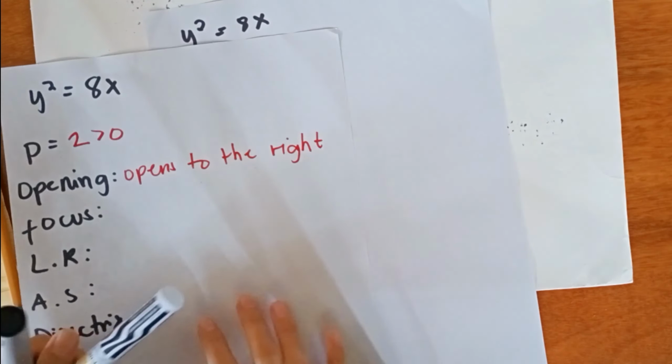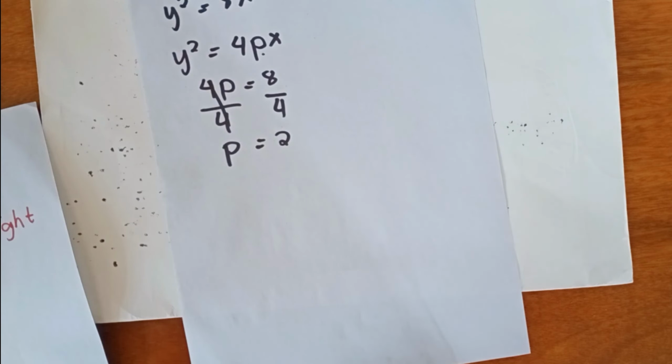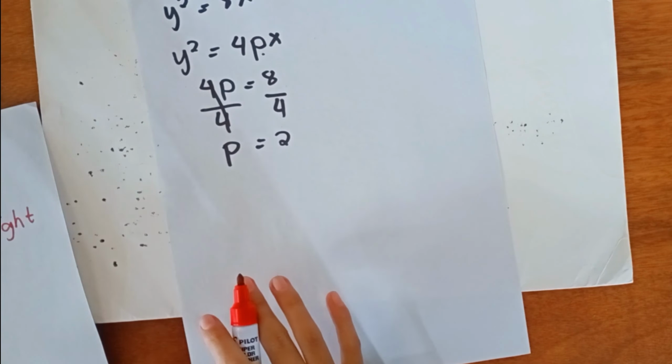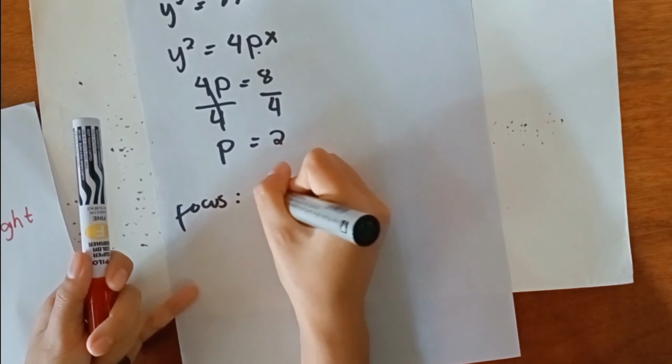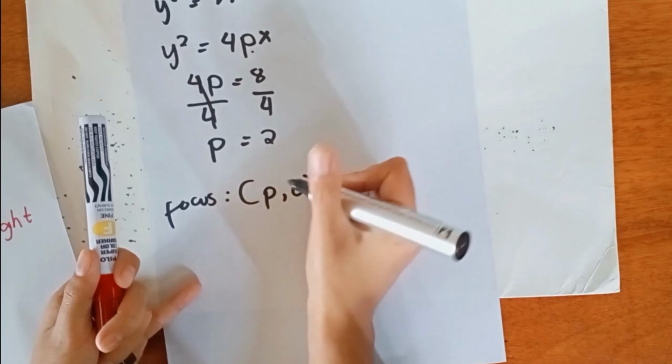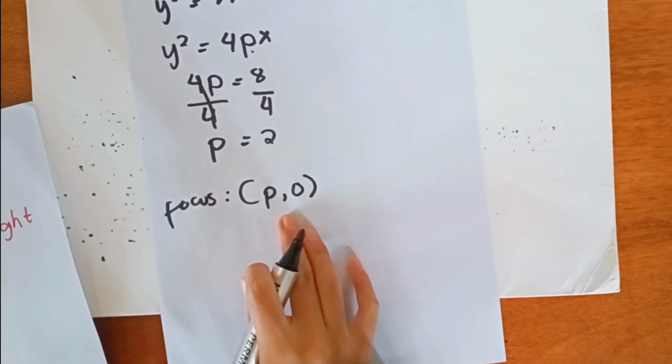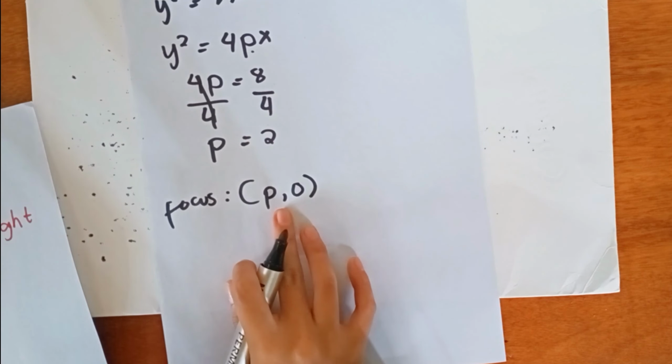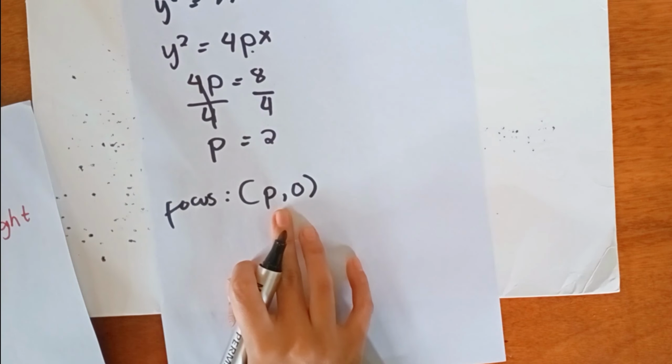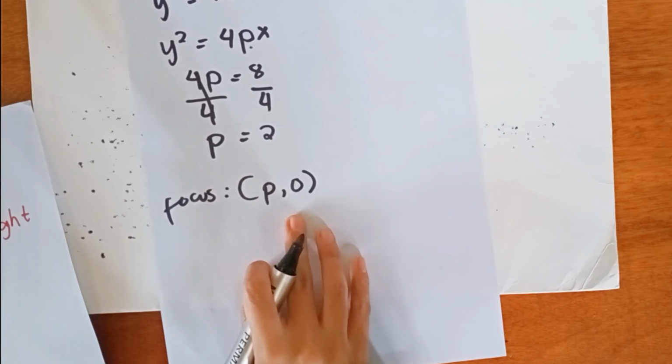Next is the focus. The formula for our focus is (p, 0). The 0 is because the vertex for this example is at 0, 0.